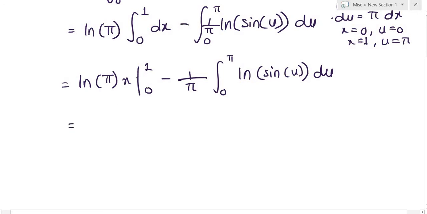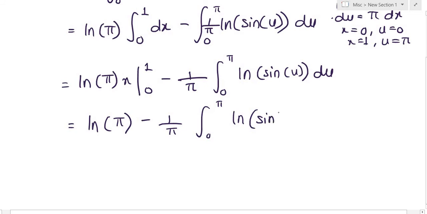When we plug in 1 instead of x, we have 1 times the natural log of pi, and when we plug in 0, we have a 0. So essentially we are left with 1 times the natural log of pi, which is the natural log of pi, minus 1 over pi times the integral from 0 to pi of the natural log of sine of u du.